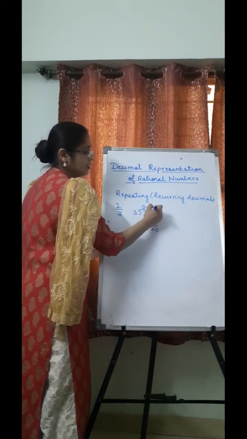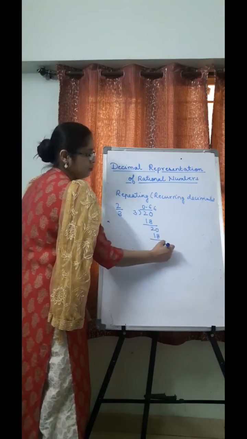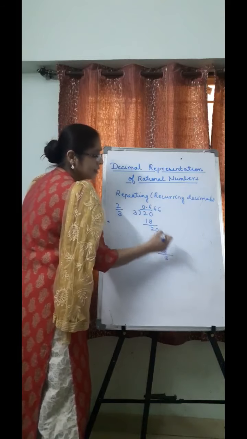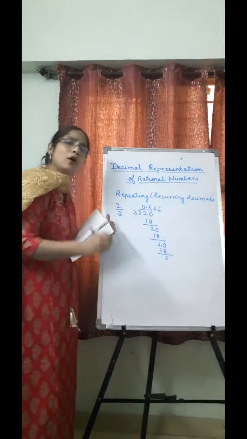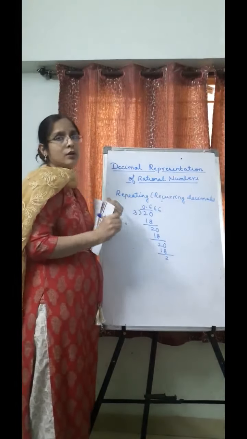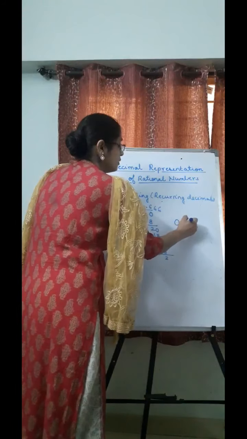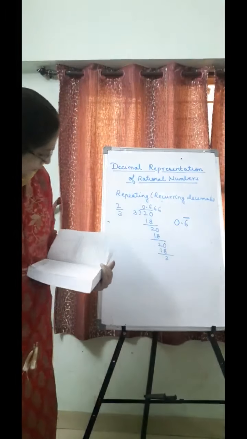Again 2, 0, 3 sixes are 18. Again 2, 0, 3 sixes are 18. We notice that this will keep on continuing. 6 will keep on repeating. So it is called a repeating or recurring decimal. It can be written as 0.6 with a bar.